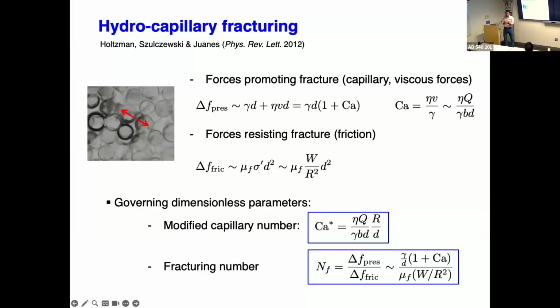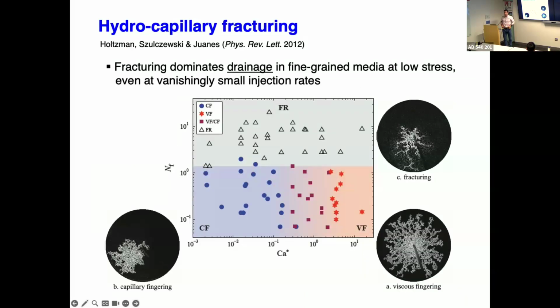And if you have cohesion or cementation or friction, those will act to keep the contacts in place. So you can define a couple of dimensionless numbers that capture the balance of forces, and then do a bunch of experiments. By the way, you must have realized by now that all of our experiments are on circular cells.